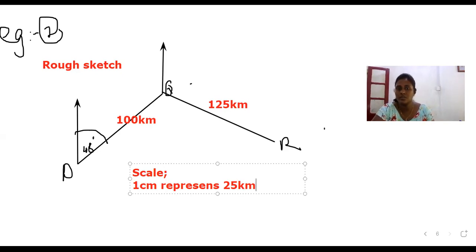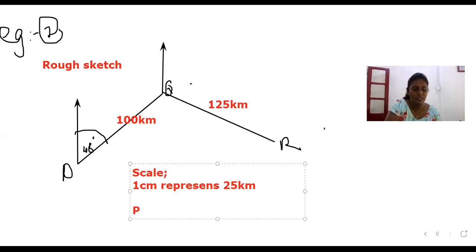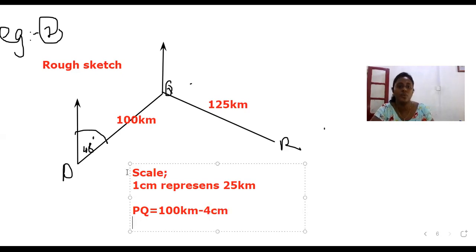If we take it that way, the distance PQ is given as 100 kilometers, so 25 kilometers by 1 centimeter means we have to draw a length of 4 centimeters for PQ. Then QR is 125 kilometers, so to represent that we have to have a length of 5 centimeters. Right, now we are okay with the distances also.